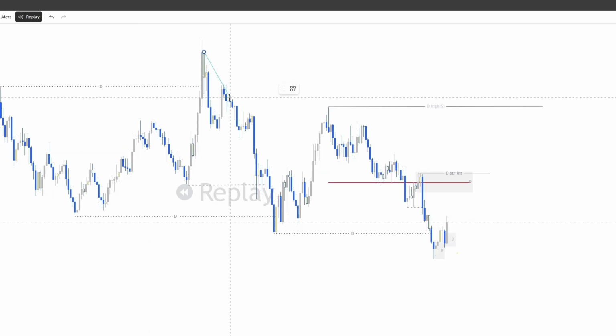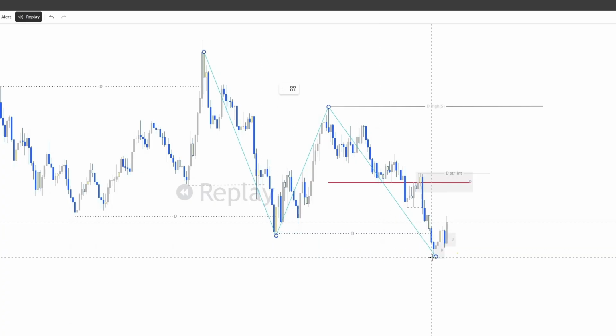move from up to down, where we took out this low and we had a break of structure. So I expect price to continue going down, and then we pull back, mitigated this supply zone, and price took out liquidity over here and began to trade down, and took out this structure, this lower low here.